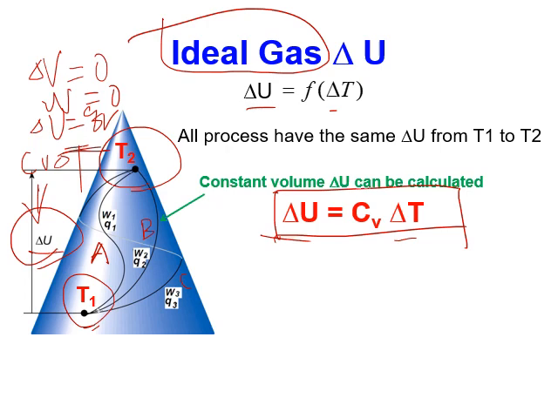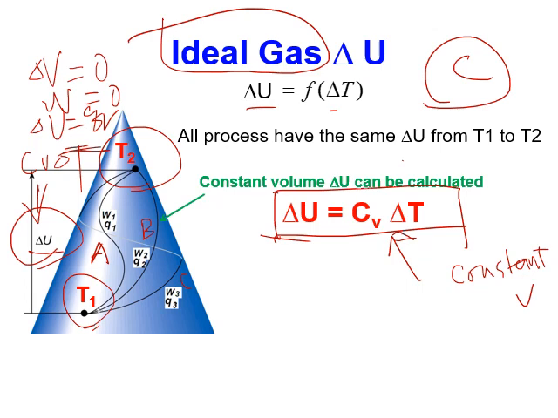Now, we learned that heat capacity is designed to calculate heat. So is Cv delta T heat? Well, it is heat only at constant volume. If it's constant pressure, Cv delta T is not heat, because at constant pressure, it should be Cp delta T. That will be the heat for constant pressure.